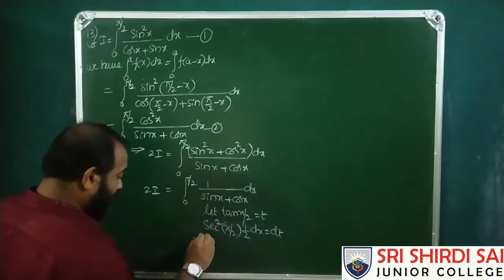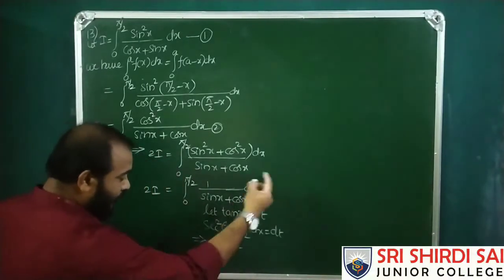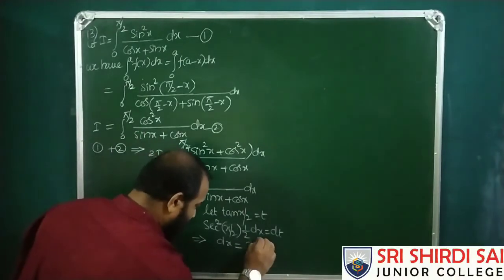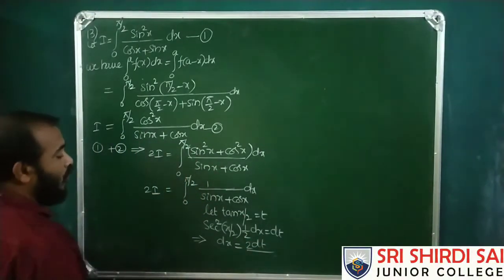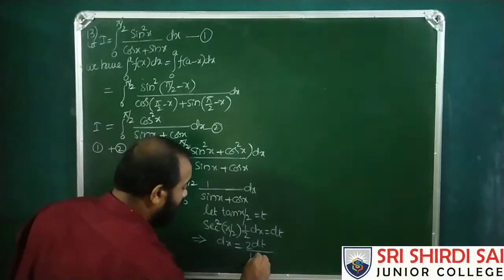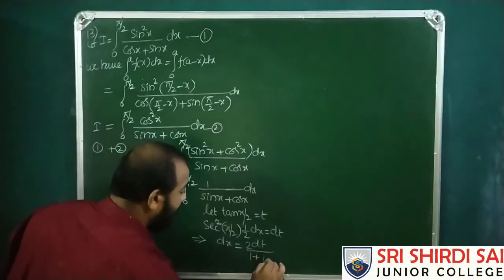So dx equals 2 dt by secant square x by 2. What is secant square x by 2? 1 plus tan square x by 2. Tan x by 2 is t, so tan square x by 2 is t square.